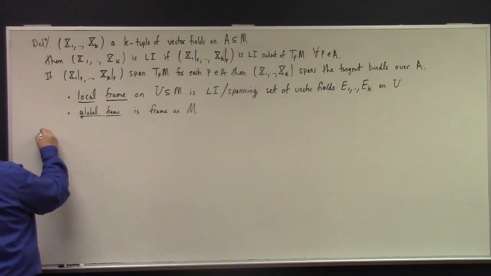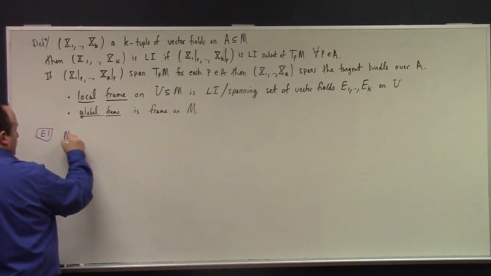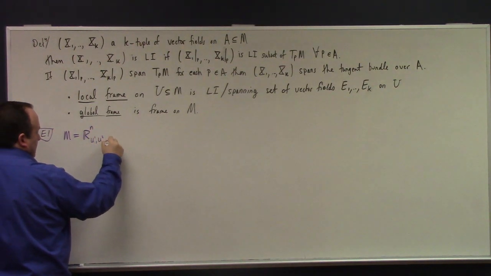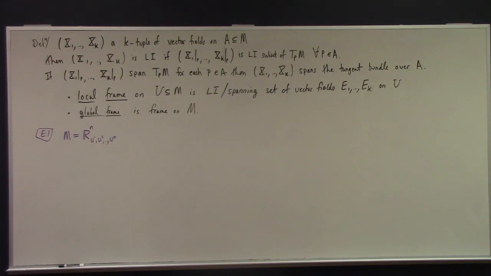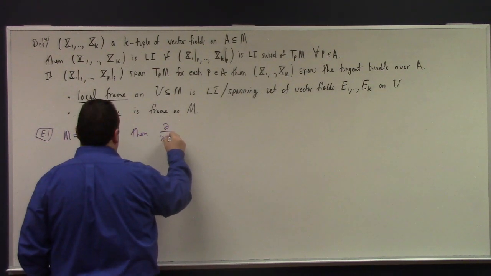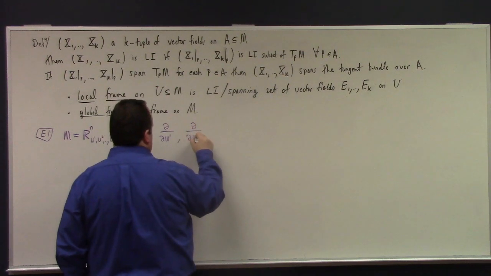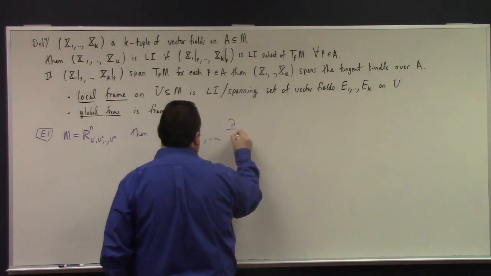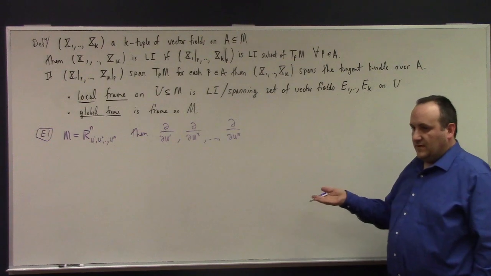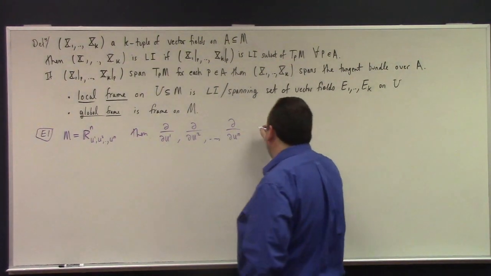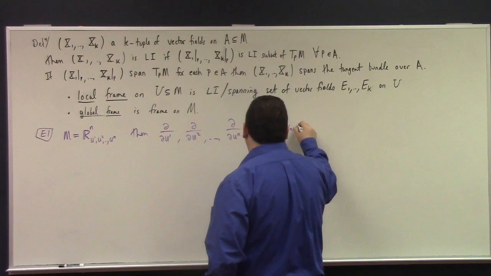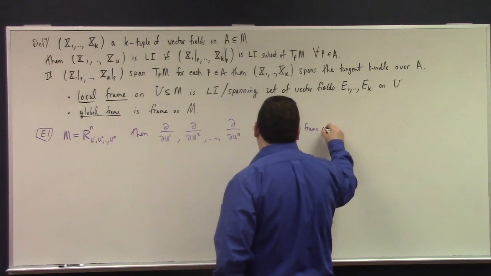So example 1, if we think about M equals Rn, and let's use the coordinates U1, U2, through UN for my Cartesian coordinates, not like John Lee, but like me, then if you look at partial U1, partial U2, through partial UN, the coordinate derivations, this is the global coordinate frame on Rn.